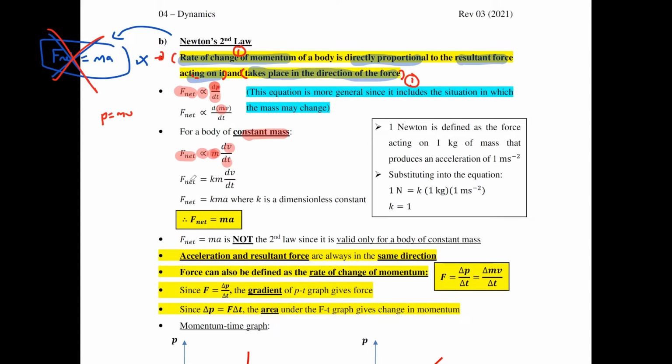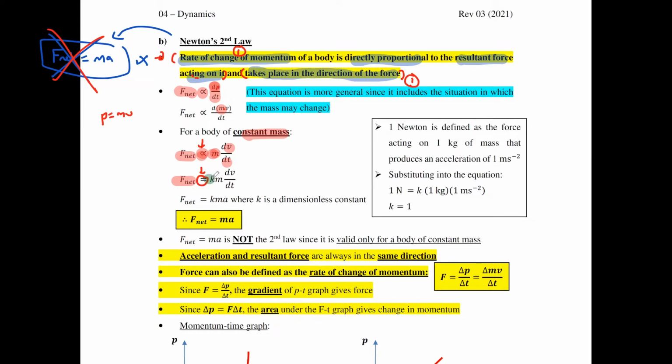Now, with F net directly proportional to m dv/dt, you want to get rid of the proportionality sign here. You learned in maths that when you want to make a proportionality into an equal sign, you have to introduce a constant. So right now you introduce a constant k here.